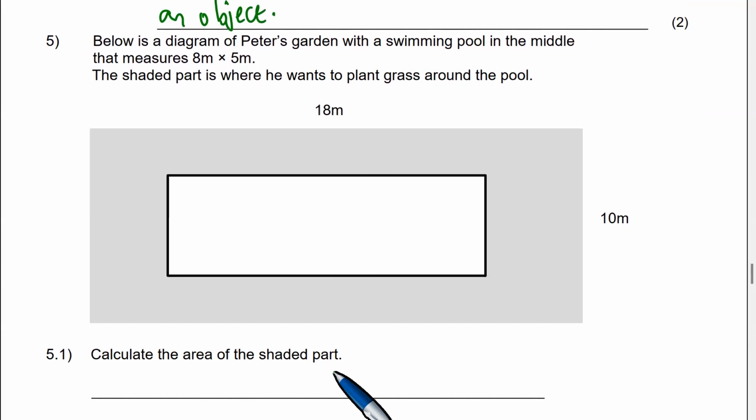Okay, giving you 2 minutes to try that one, too easy. What is the perimeter of the shaded part? Let me know when you're done with the swimming pool. Calculate the area of the shaded part.